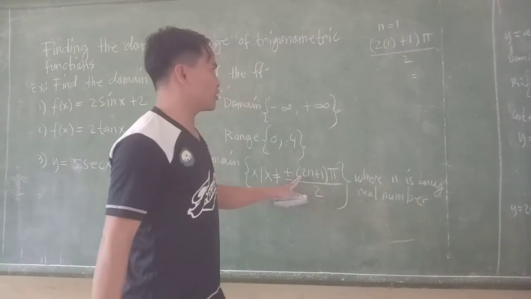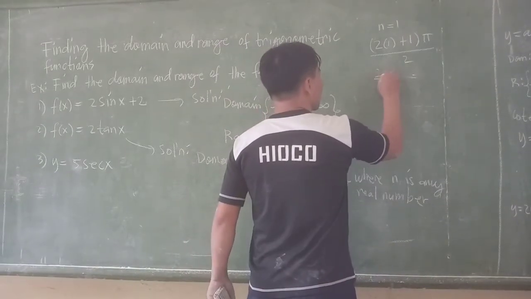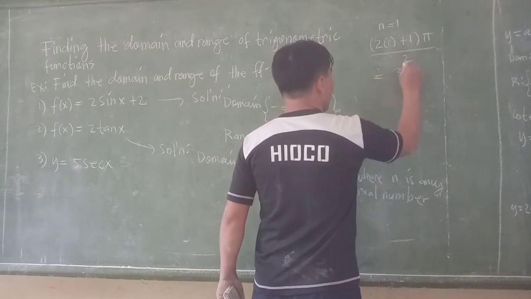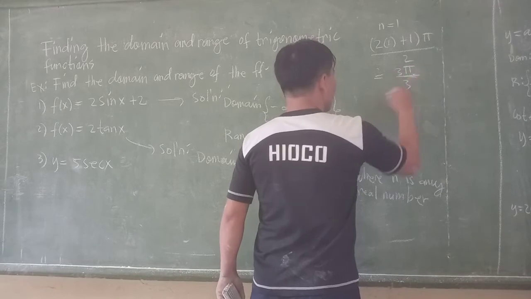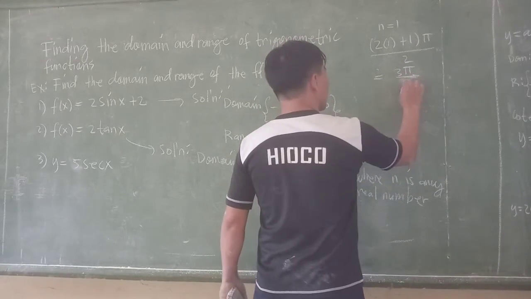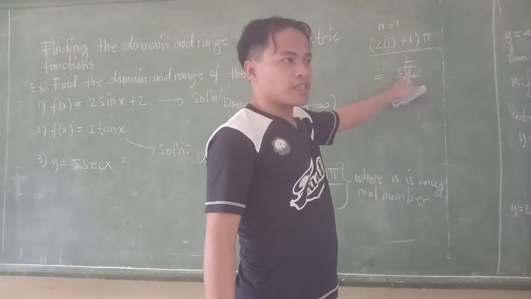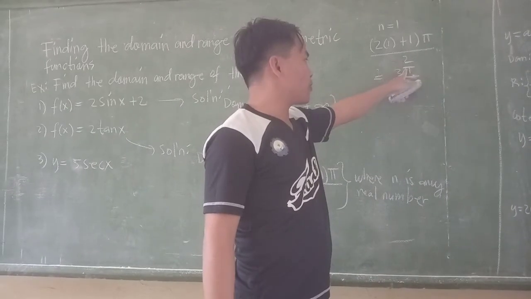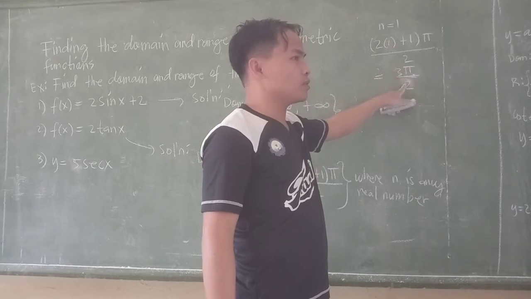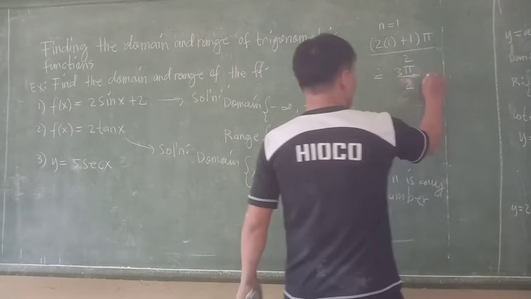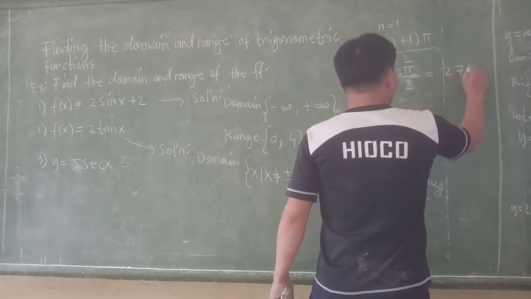So we have 2 plus 1, 3 times pi, which is 3 pi over 2. Where is 3 pi over 2? If we convert this into degree measure, pi over 2 is 90, times 3 is 270 degrees.